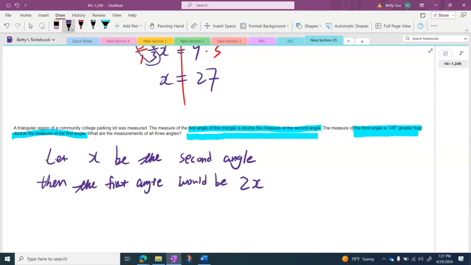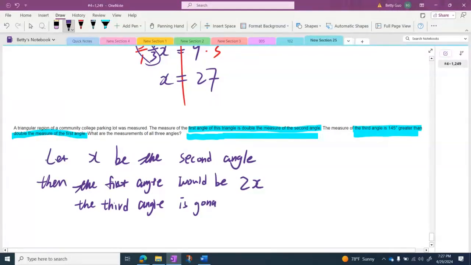And the third angle is going to be, I know the type is wrong spell. Third angle is 145 greater than double the first. This is the first, right?